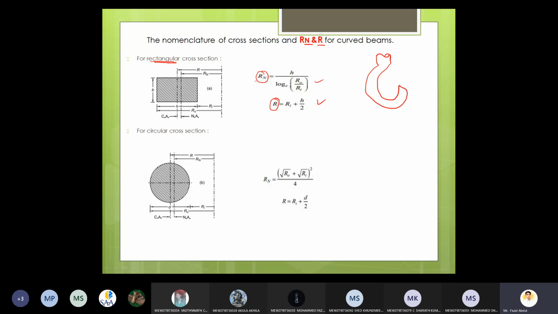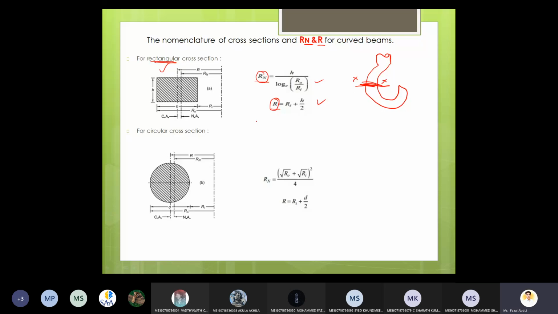If I cut it here at a particular x axis, what shape appears? A rectangular cross sectional area. Then you can directly take these two equations. You have to learn these equations by heart, whatever figures I am showing now. All equations we have to learn by heart, then only you can solve this problem.